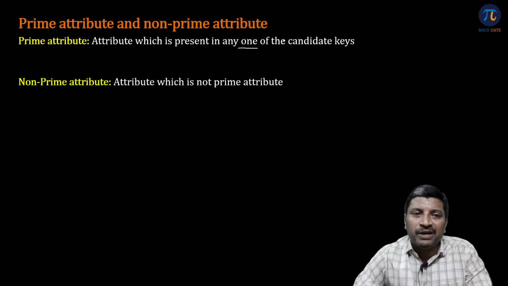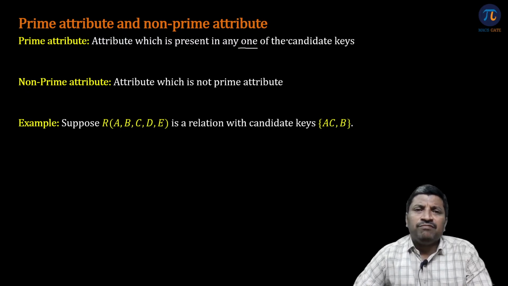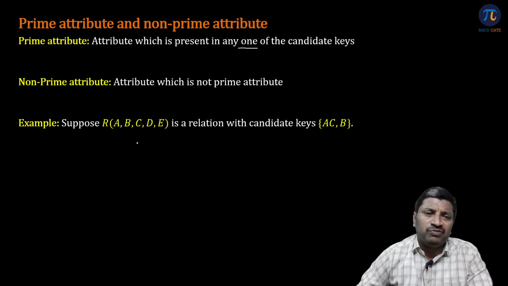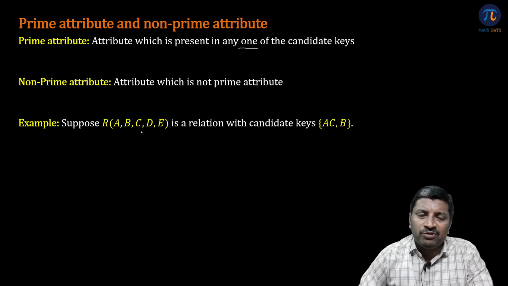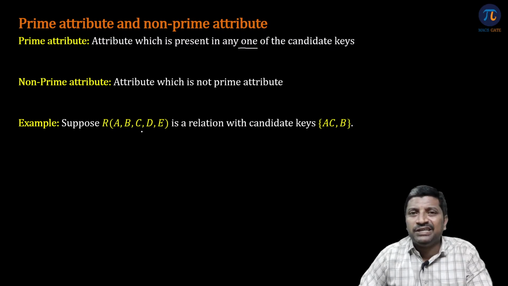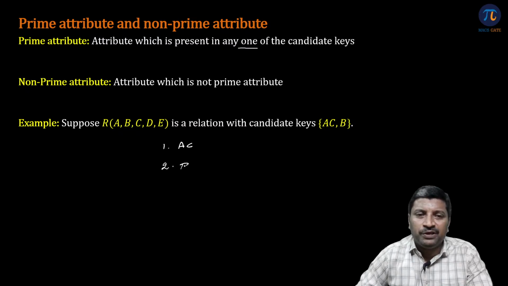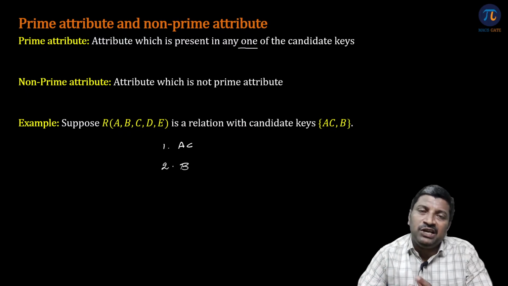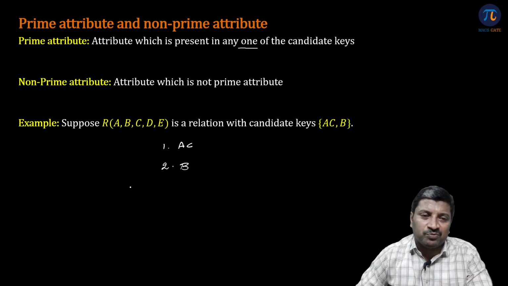Similarly, non-prime is an attribute which is not prime. For example, suppose we have a relation R with 5 attributes A, B, C, D, E, and let us assume it has 2 candidate keys: AC and B. The attributes present in any one of the candidate keys are prime attributes.